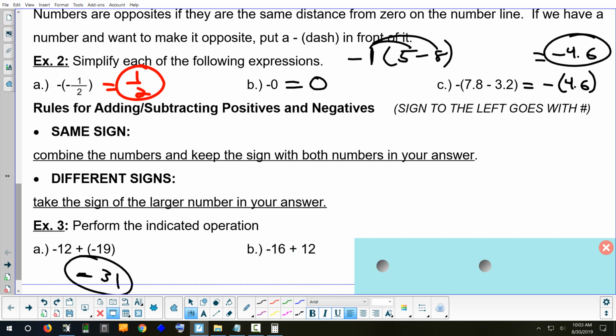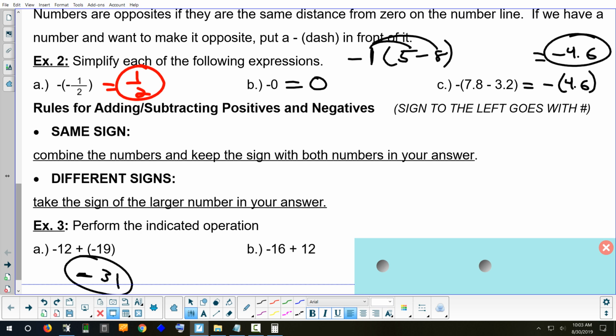Let's look at this one. B, negative 16 plus 12. What operation are we doing again? Addition, still. Are we adding two numbers with the same sign or opposite? Opposite. So it says take the sign of the larger number. Just think about which one is further away from 0.